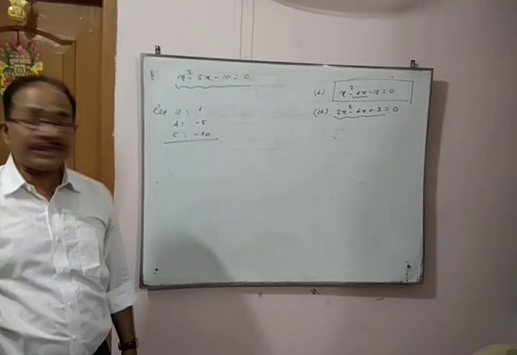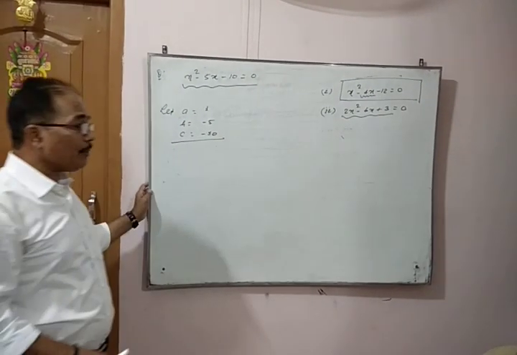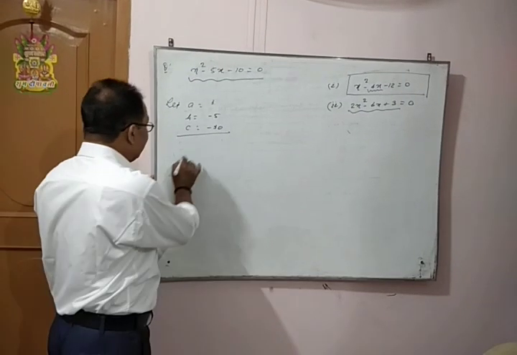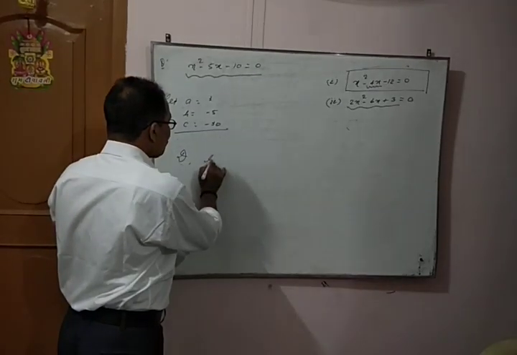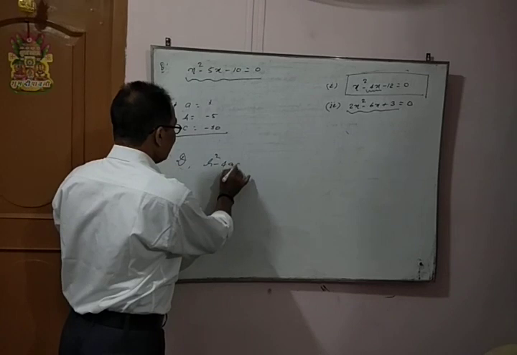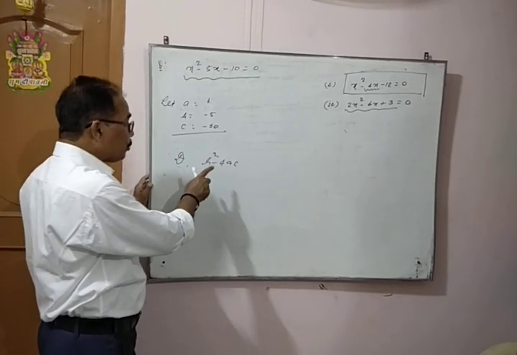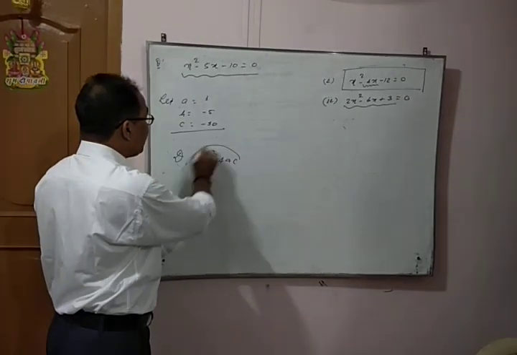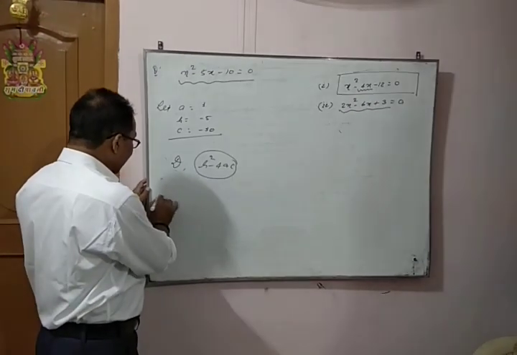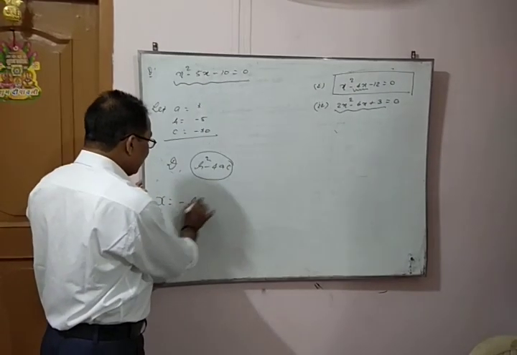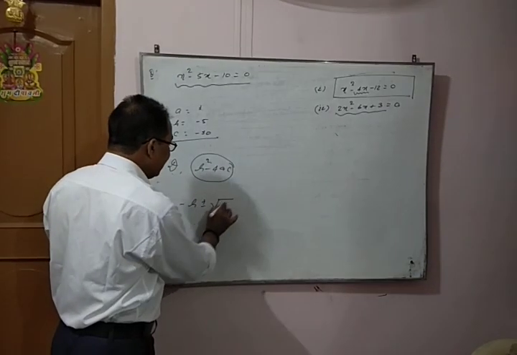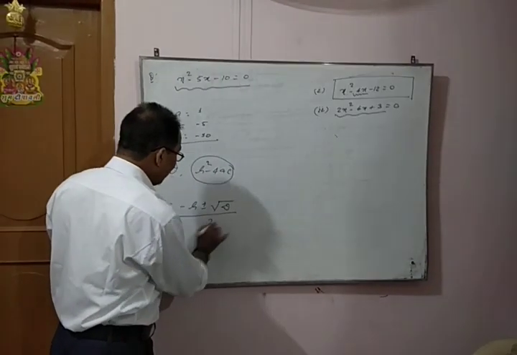It will come as a decimal, and this is why you have to calculate the square root of b square minus 4ac in decimal, using x equal to minus b plus minus root under D whole divided by 2a.